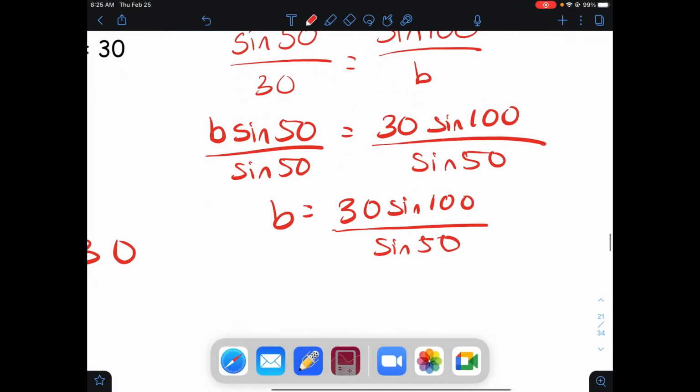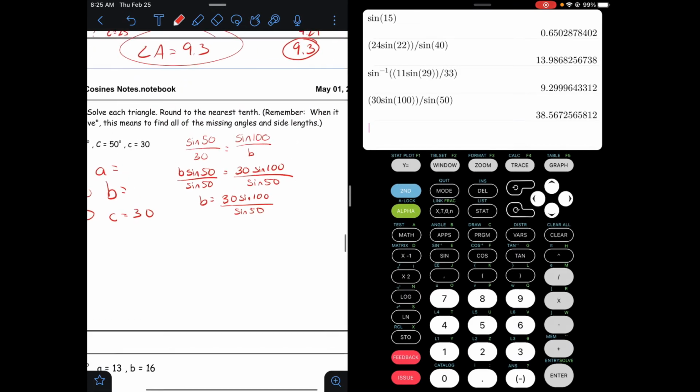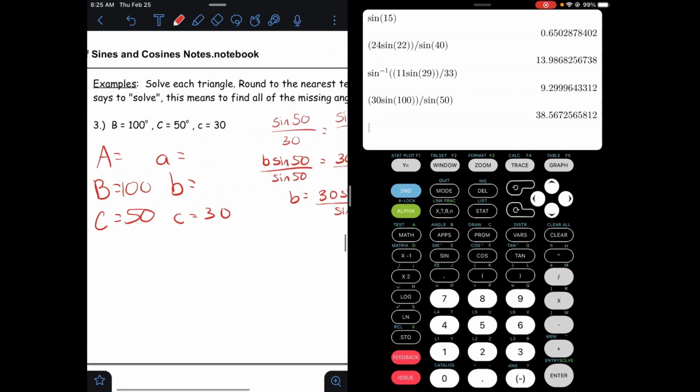So we can go ahead and plug that in now. 30 sine 100 divided by sine 50. I got 38 point, and let's see, they say round to the nearest tenth, so it'd be 38.6. It's going to be our side B.